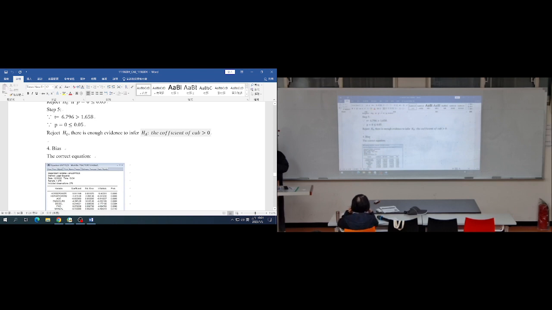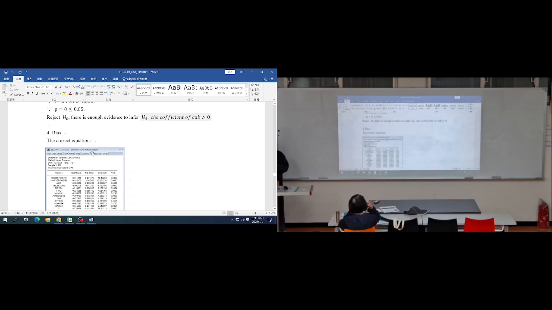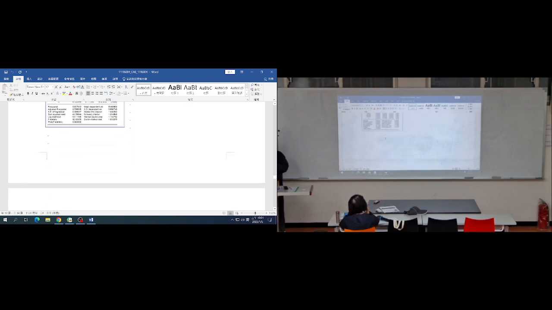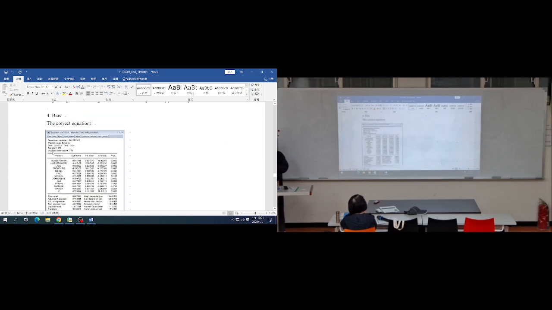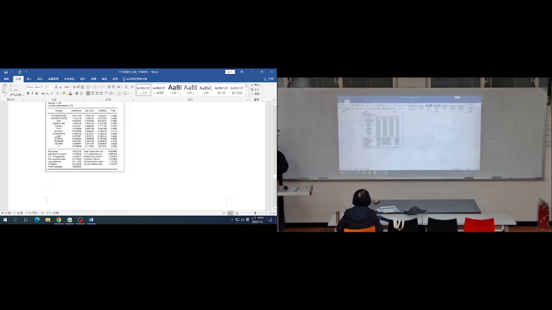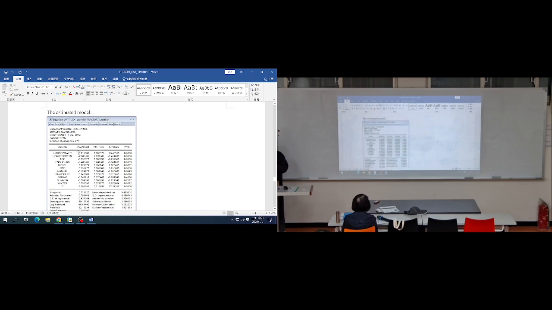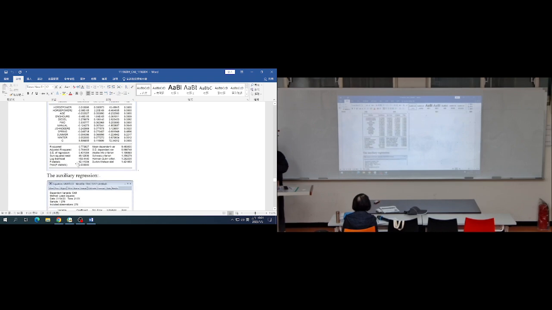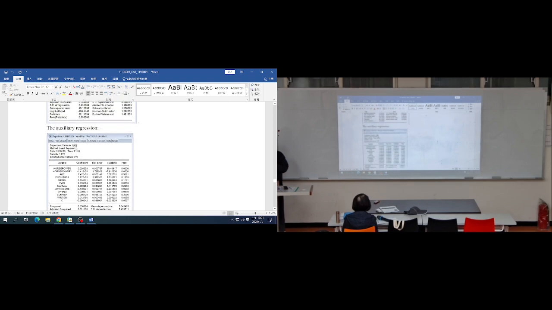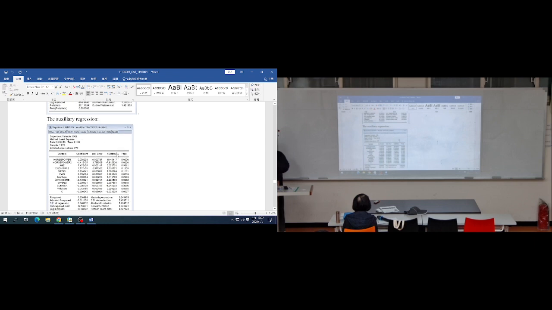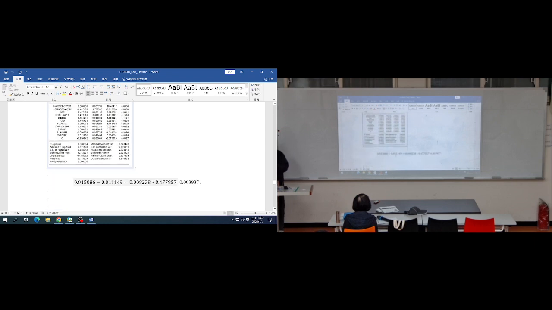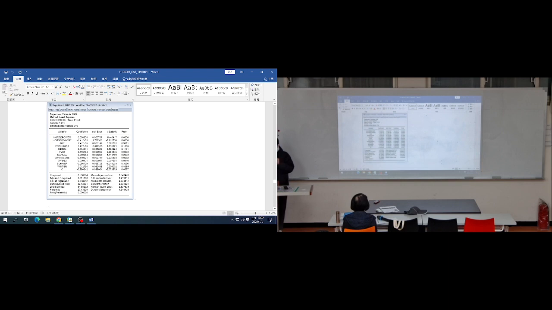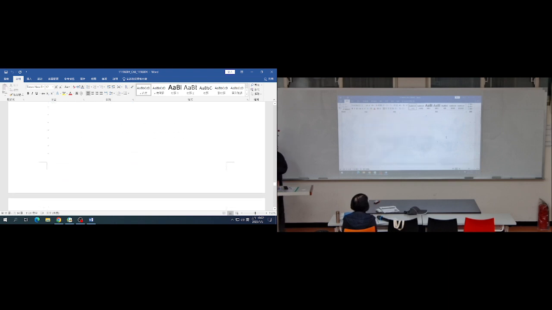And the fourth step is bias. It's the correct equation with cap, and the estimated one is without the cap, and the auxiliary regression is where y will be the cap. And this is what I get. Just the beta one for the horsepower.